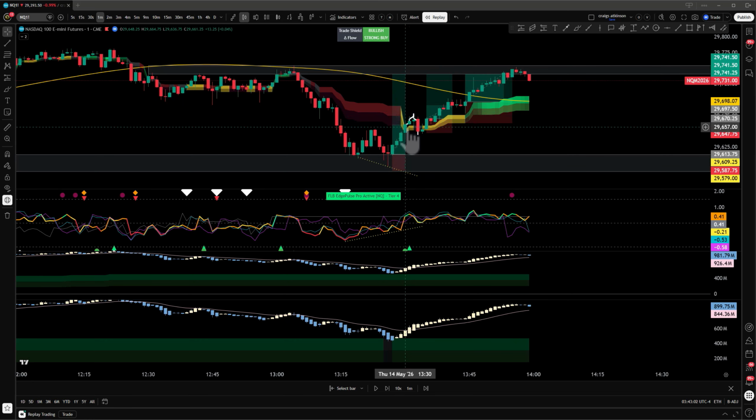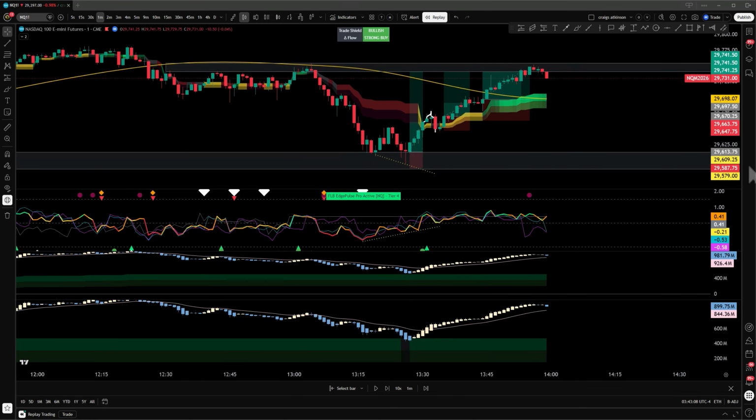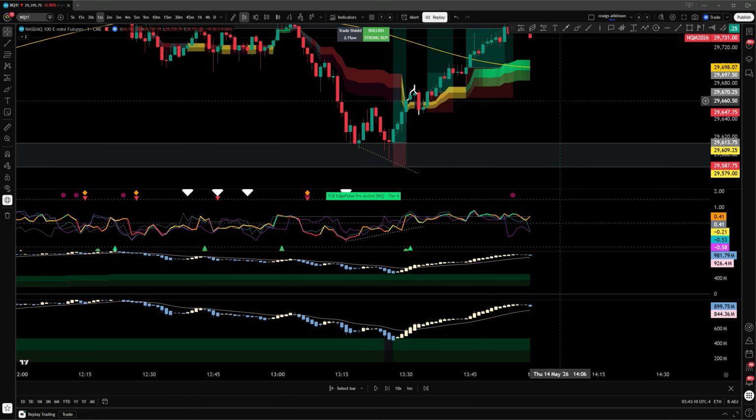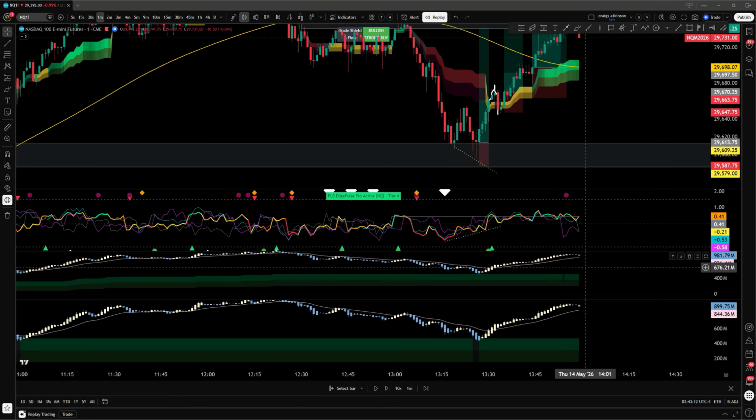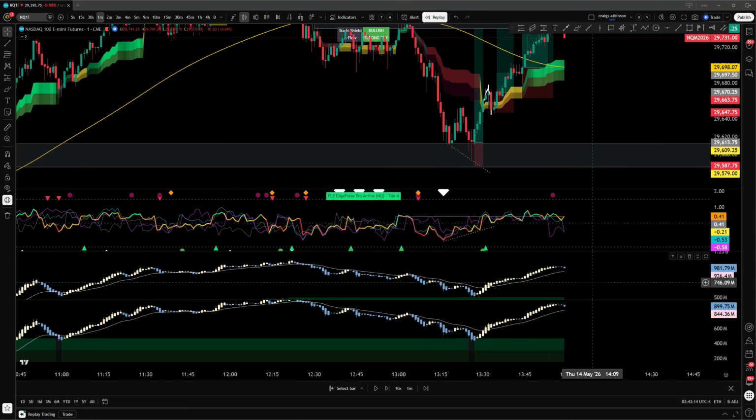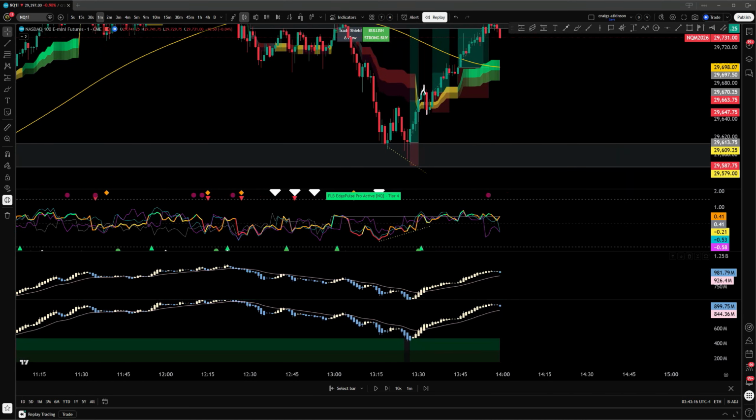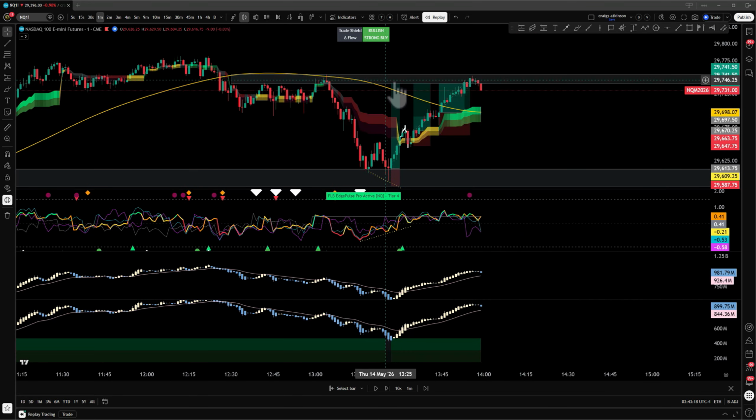If you look at it, this one's tapping through and this one's tapping through right on that candle. That is a really good indication that price is about to reject and push up. Now, how far it goes, we don't know, but we have our targets.